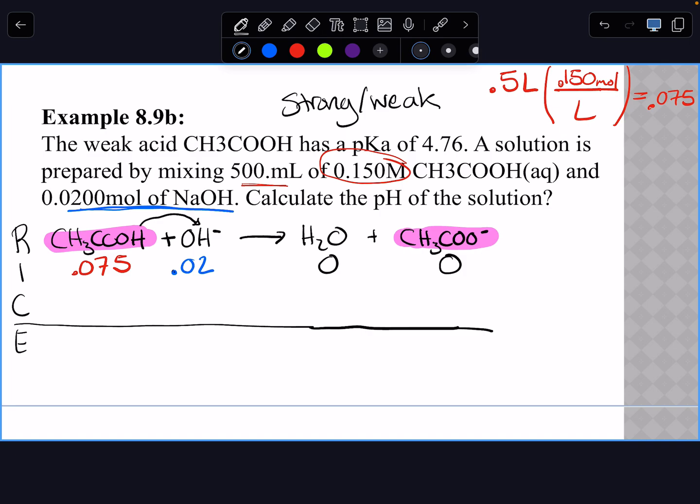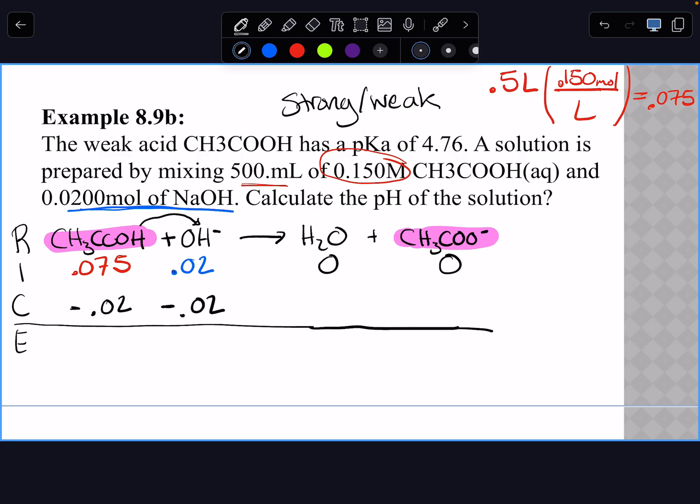So which one is going to run out first? Yeah, the OH minus. So our change is going to be minus 0.02. That runs out, because all of it is going to react since there's less of it, which means this one will change by the same amount.